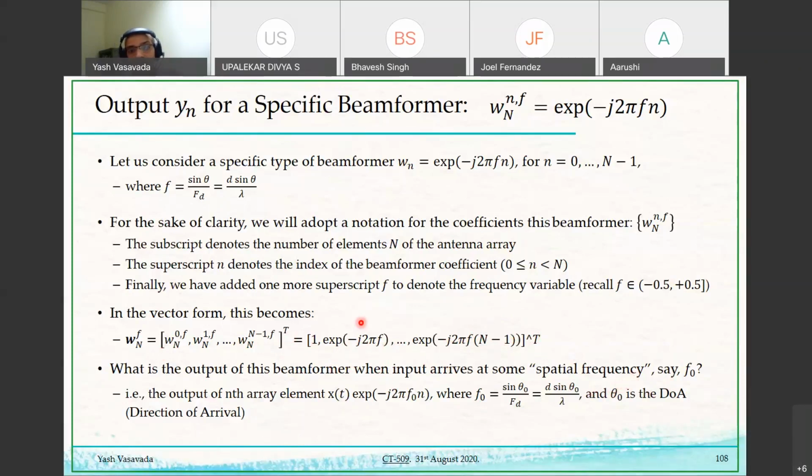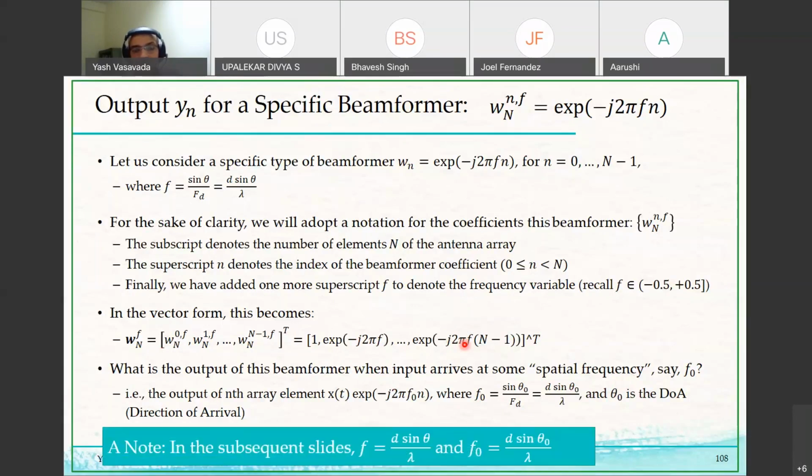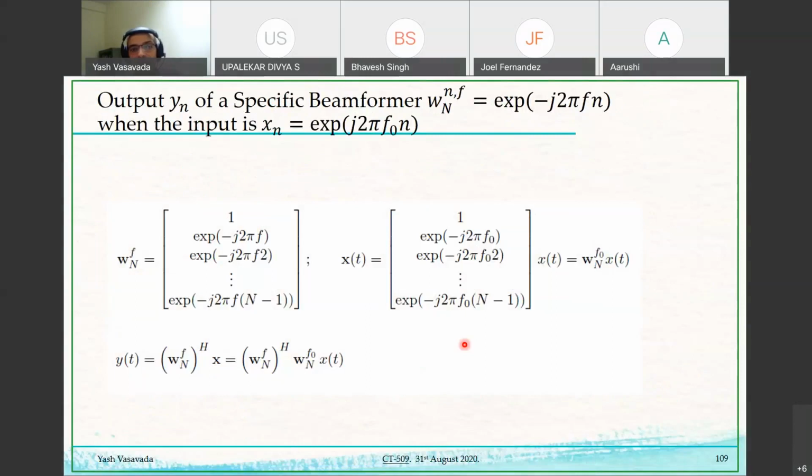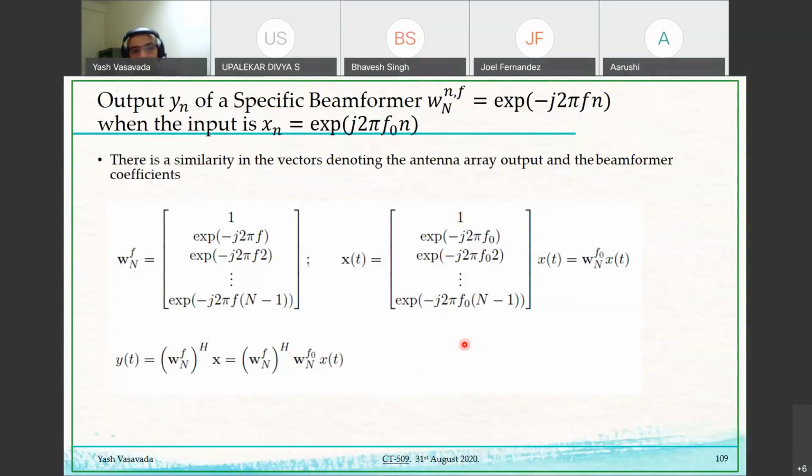Then what does this filter do? In our context, what does the beamformer do? And so we will again have the exact same notation. Remember, we had this dot product representing the output of the filter. One change is that this is continuous in time. X of t is continuous in time. It was previously discretized in time.